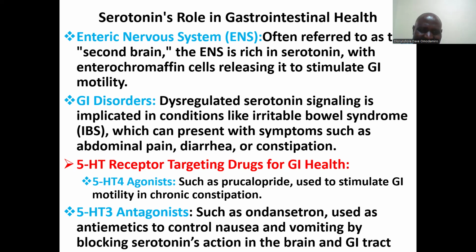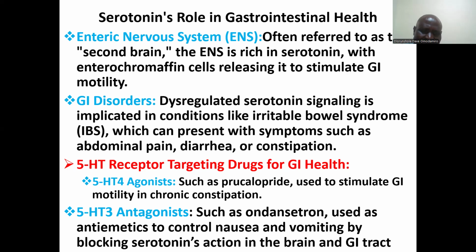And then to treat this, we need serotonin receptor targeting drugs for the GIT. But number 1, you need serotonin agonists, such as prucalopride, used to stimulate GIT motility in chronic constipation.